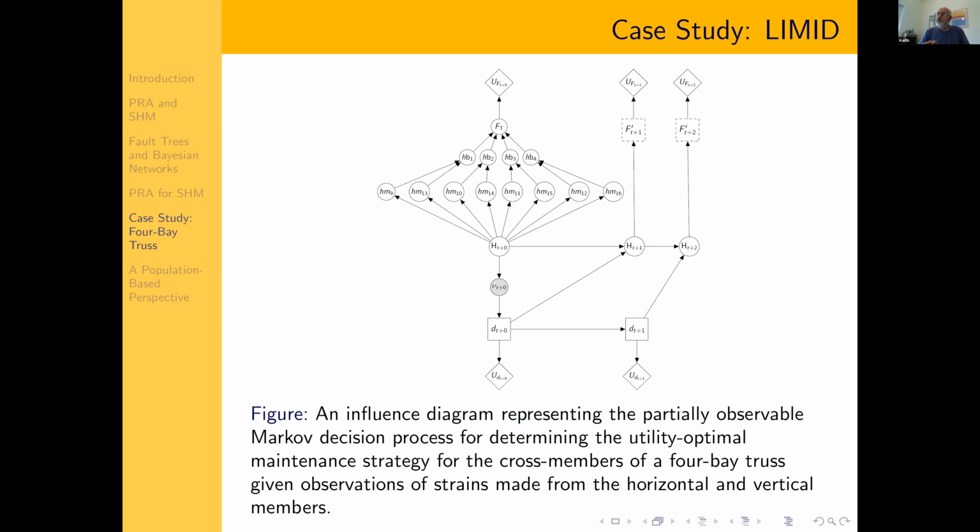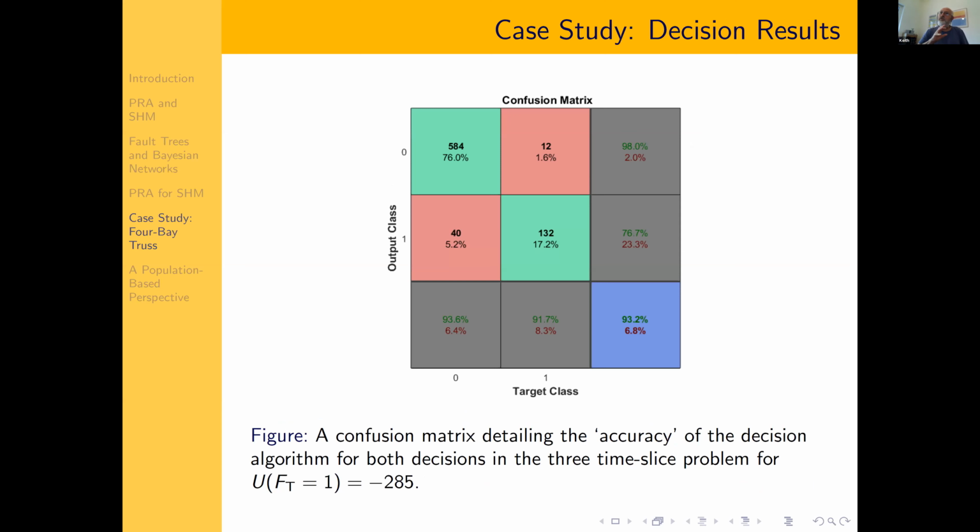We want to assess this in terms of how well it's made decisions, not how well the probabilistics have gone on their own. So what we do is we adapt the confusion matrix idea to decisions.